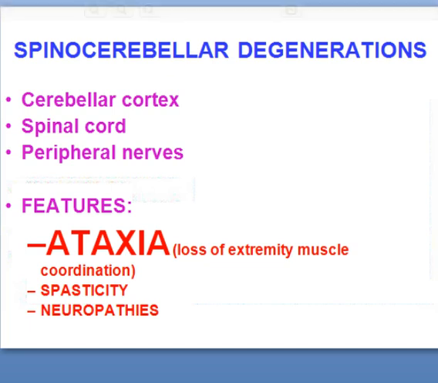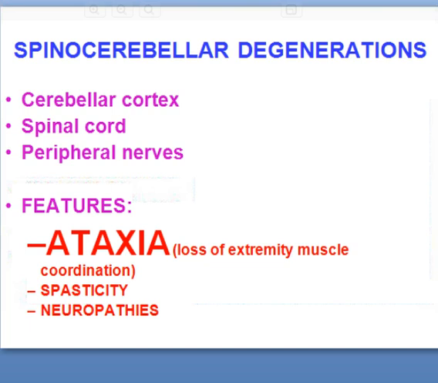So let's move on down to the cerebellum. And we can talk about the cerebellar cortex. We could talk about its connections into the spinal cord, and even far down to the peripheral nerves. You can see we have a logic to our madness here. We're actually taking, like in most diseases, an anatomic approach to disease classifications.